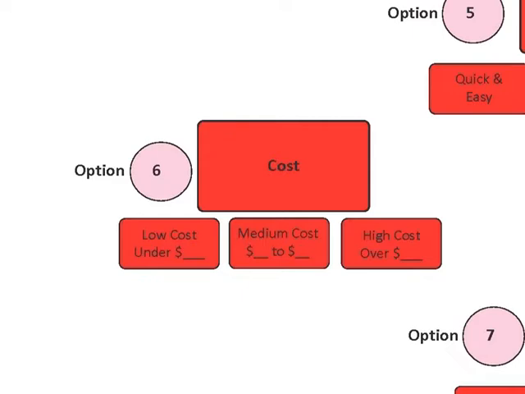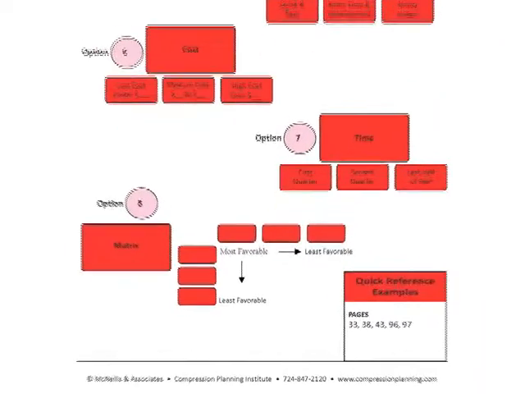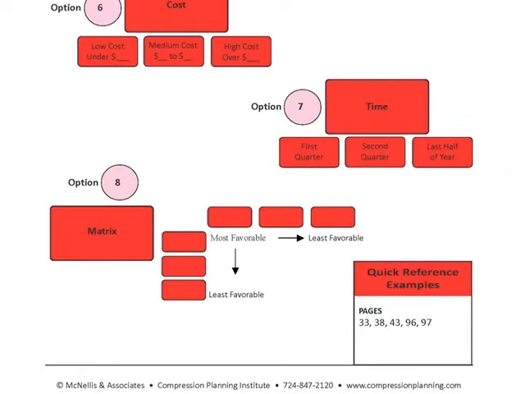If it's in corporate, it might not even hit the radar unless it's 50 grand or 100 grand. But you just want to give people the framework. So low cost would be under something, medium cost is something to something, and high cost is anything over. Time, option 7 and 8, is something that a lot of people enjoy using.